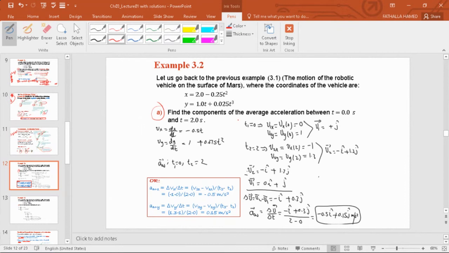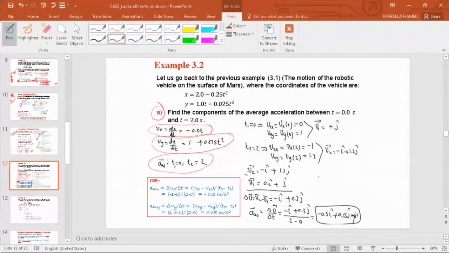We already did previously that vx should equal dx by dt, which is equal to minus 0.5t, and vy is equal to dy by dt, which should equal 1 plus 0.05 t squared.